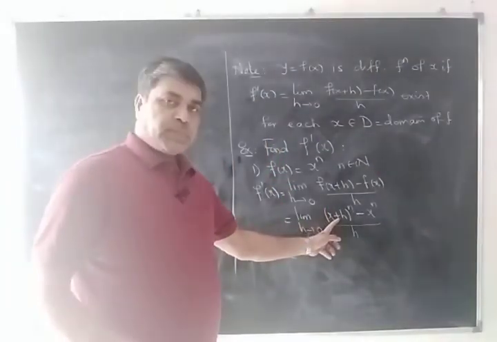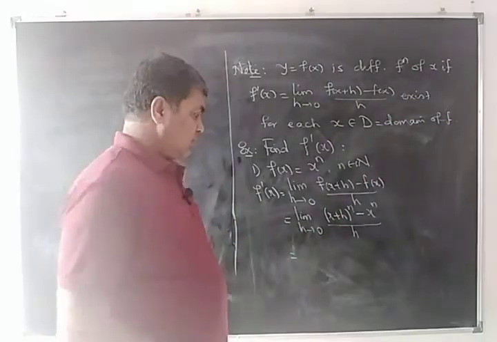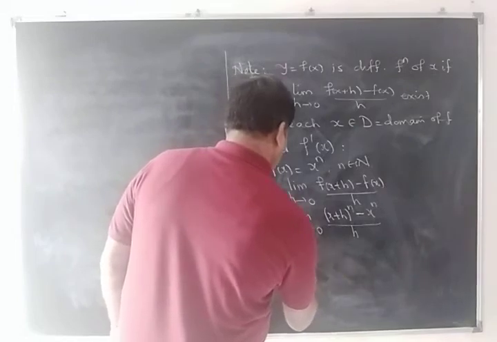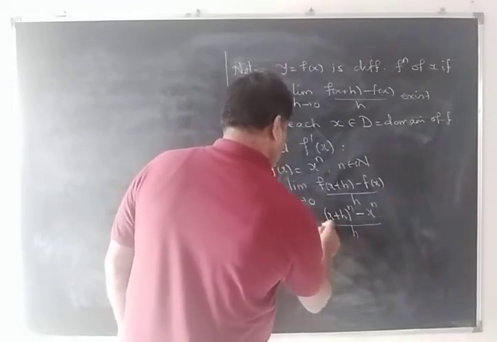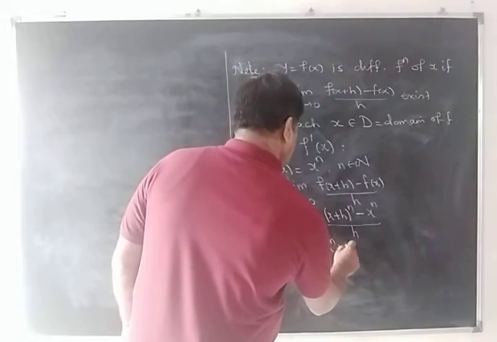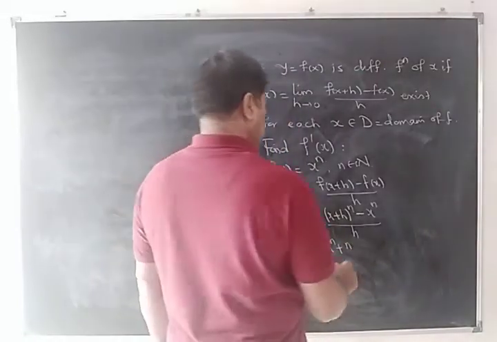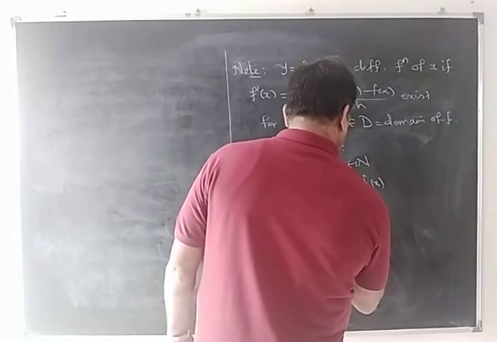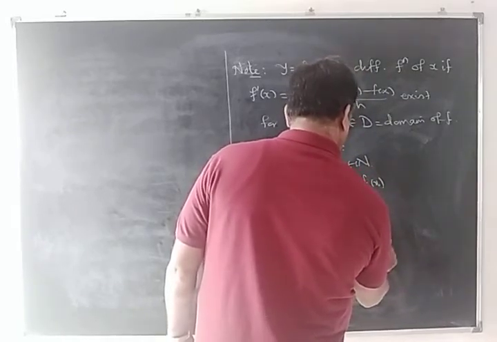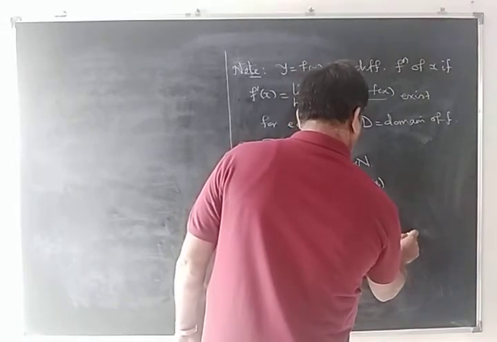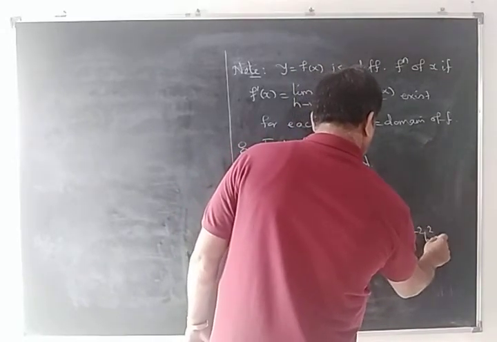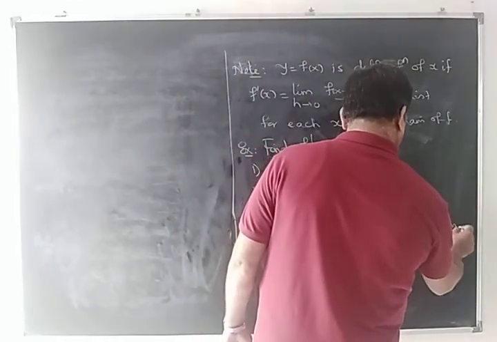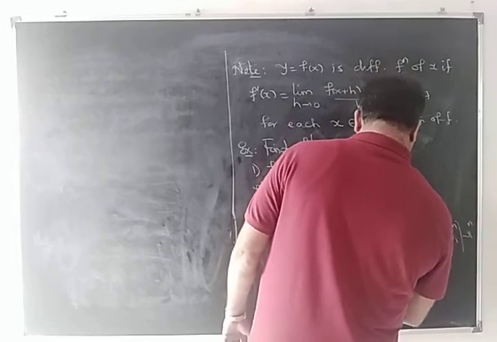Now expanding this by using binomial expansion, we will get this to be limit h tends to 0 of x^n plus nC1 x^(n-1) h plus nC2 x^(n-2) h^2 plus so on, plus the last term is h^n, minus x^n upon h.